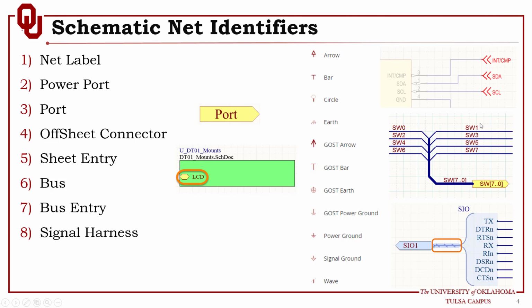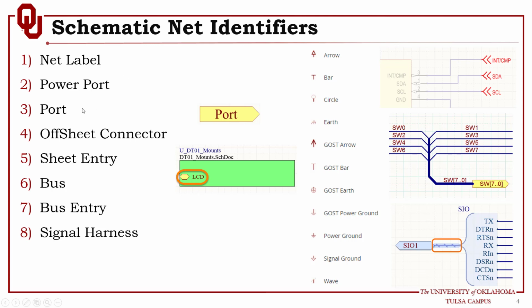The net label can be placed on component pins, wires, and buses. So again, net labels are dedicated to connecting wires within the same schematic sheet. They are not meant to connect wires and nets between two separate schematic sheets, unless you change the net identifier scope to global, as we will see later on. But you don't want to really do that.